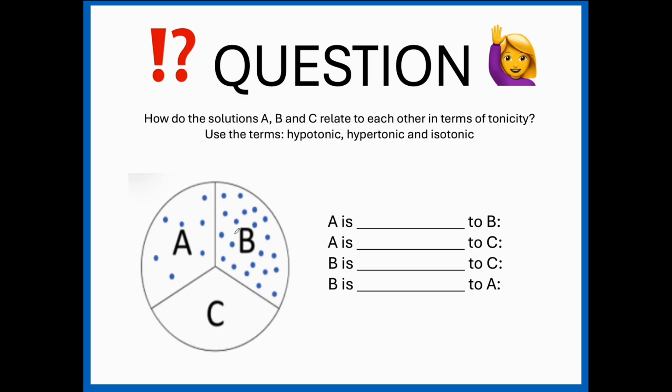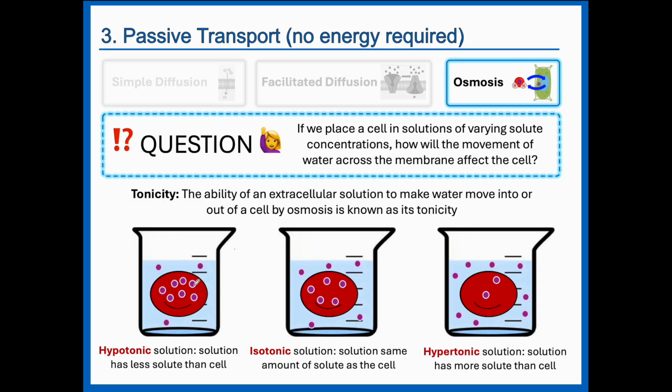I put this little problem here to emphasize that it's not necessarily that a solution is hypertonic or isotonic. You cannot claim that something is hyper or hypo. You need to compare it to something else, right? Like over here, we said it was a hypotonic solution because we compared it to the inside of the red blood cell, right?